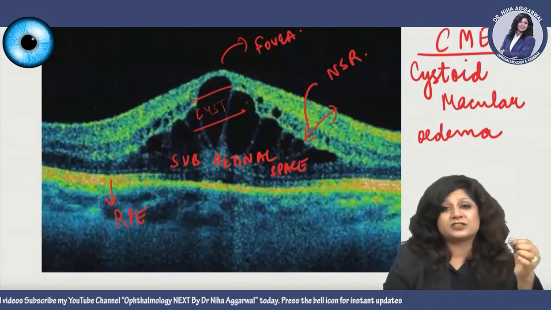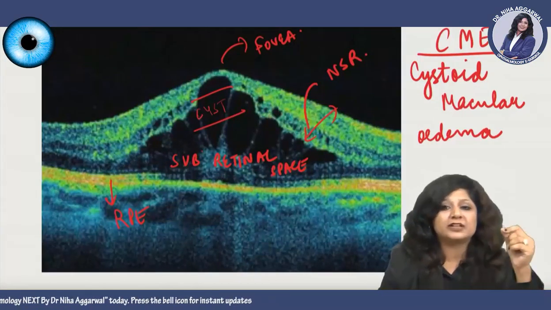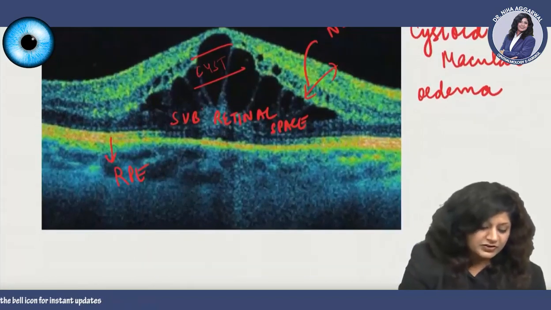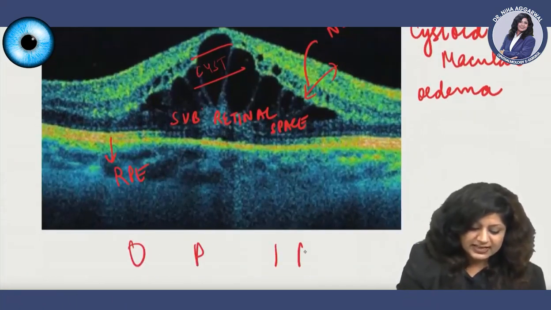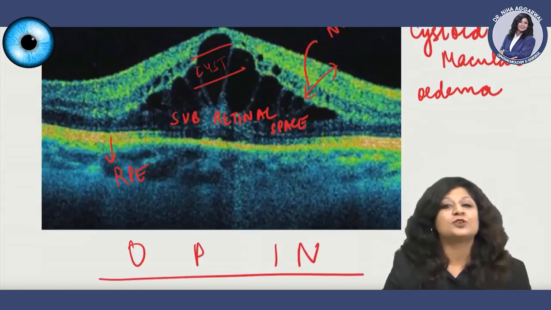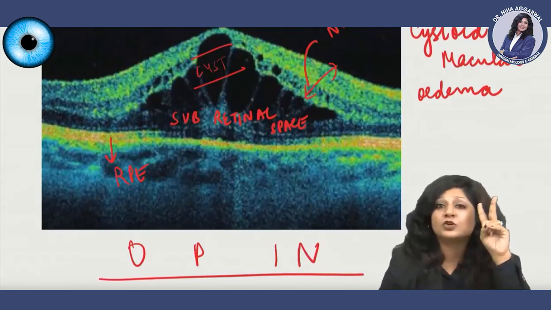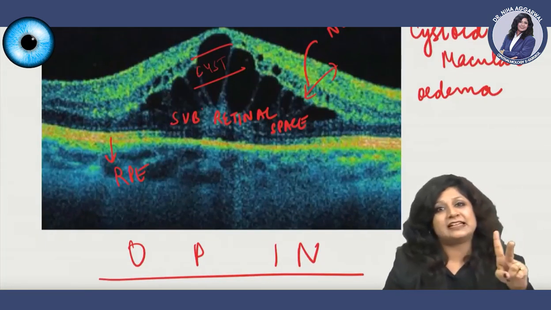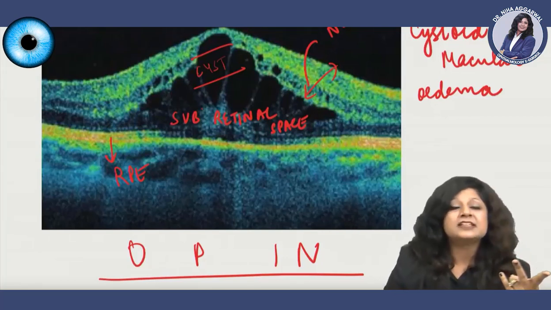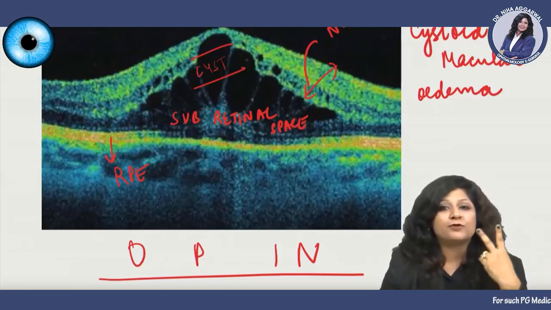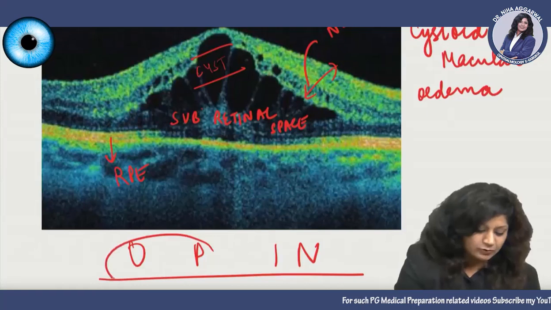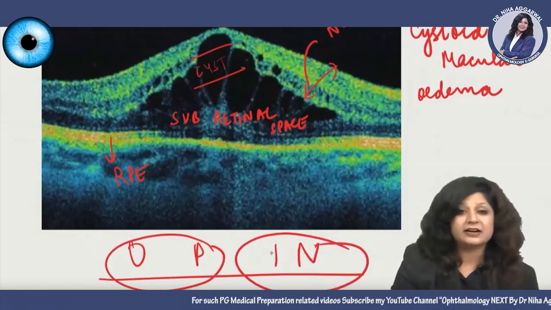Now which layers are involved for the collection of fluid? Always remember it is OPEN. As I always tell you in class, two important layers which open the gate for retinal diseases are the outer plexiform and inner nuclear layer.